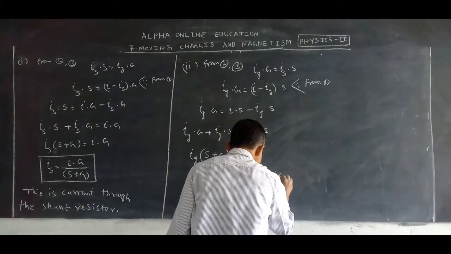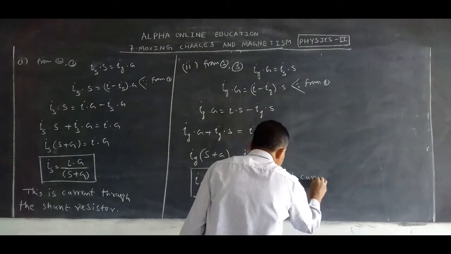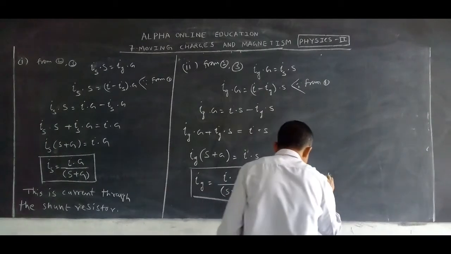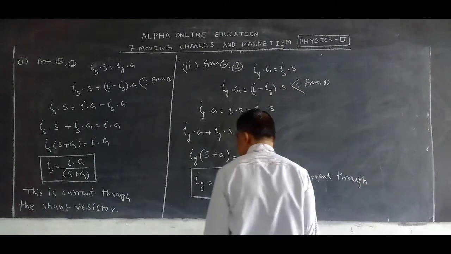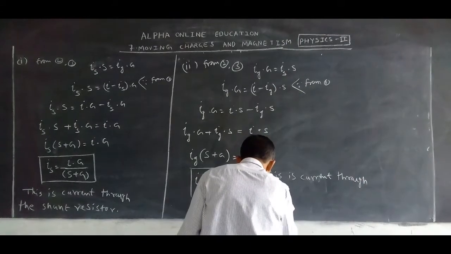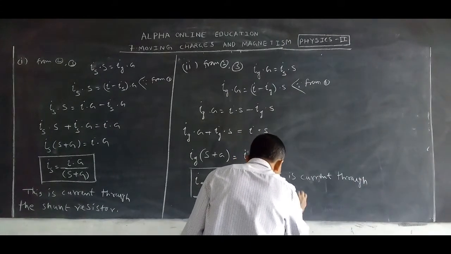This is the current through the galvanometer.